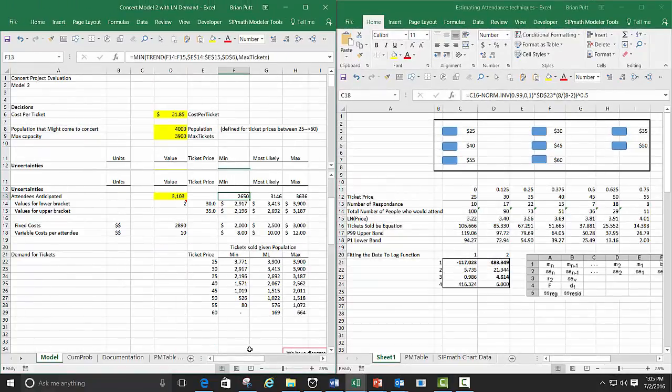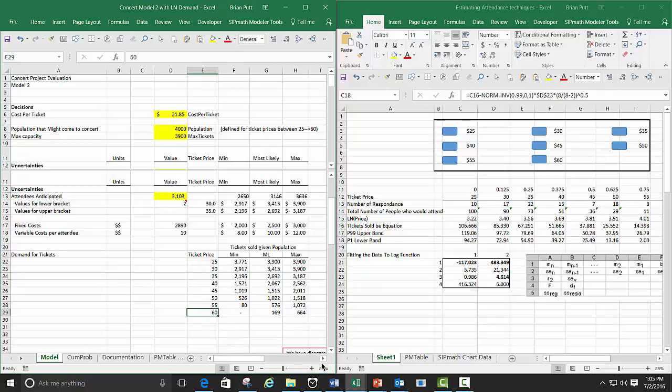We are now ready to take the data that we've derived in this initial model, the equations and relationships, and bring them over to our SIPmath model. So over here, I've listed the ticket prices, 25, 30, up to 60.